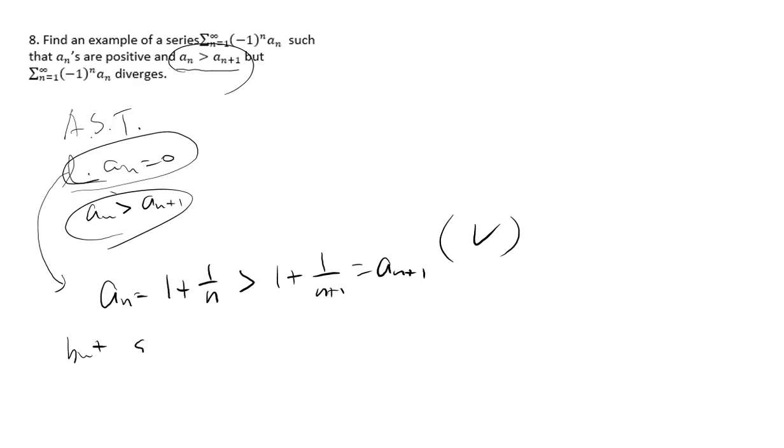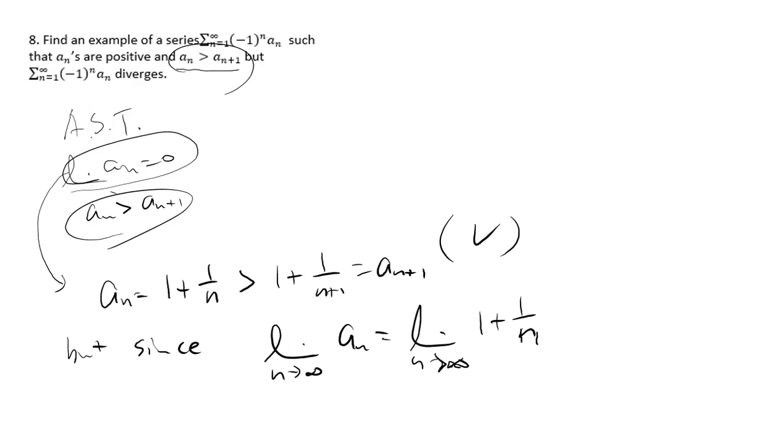But since the limit of a_n is the limit as n goes to infinity of 1 plus 1 over n, and this goes to 0, you're going to get 1. And that's not equal to 0, therefore it diverges by the nth term test for divergence.